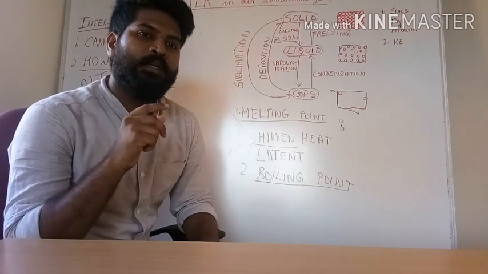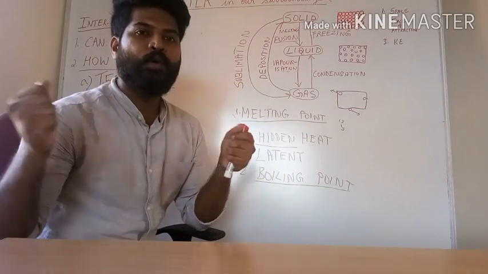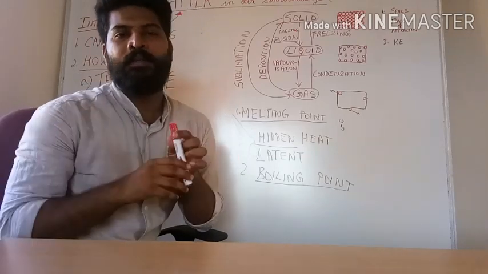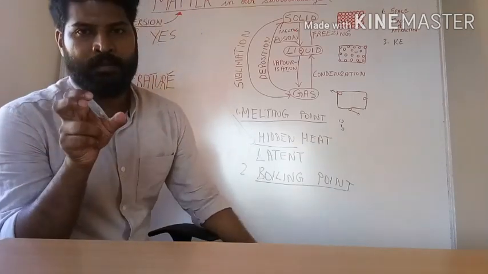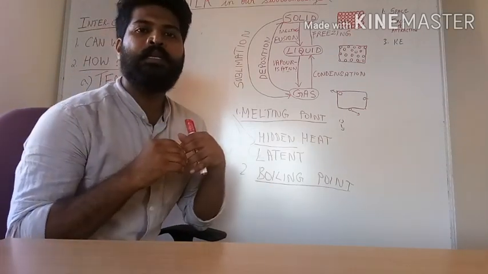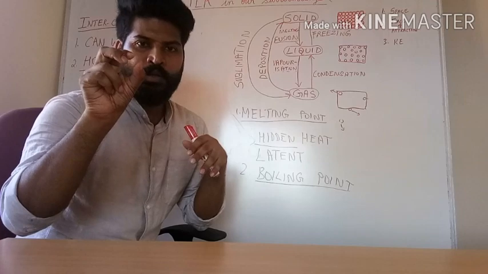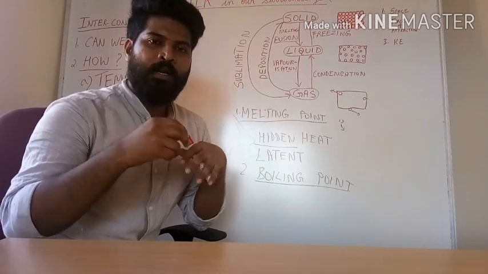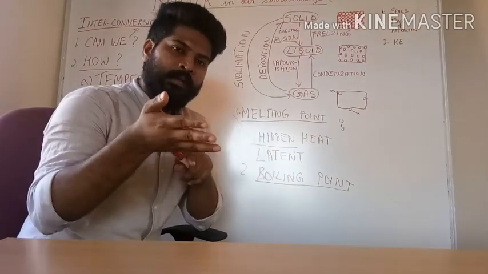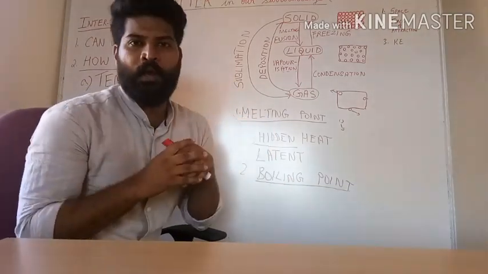Another example for sublimation is your naphthalene balls. At our homes, inside our almirahs and Godrej, we keep small white colored balls, right? That is our naphthalene. And after some time, you observe that the naphthalene ball, which was a solid white color ball, has vanished completely, and you don't see any liquid at the place where you have kept the ball.